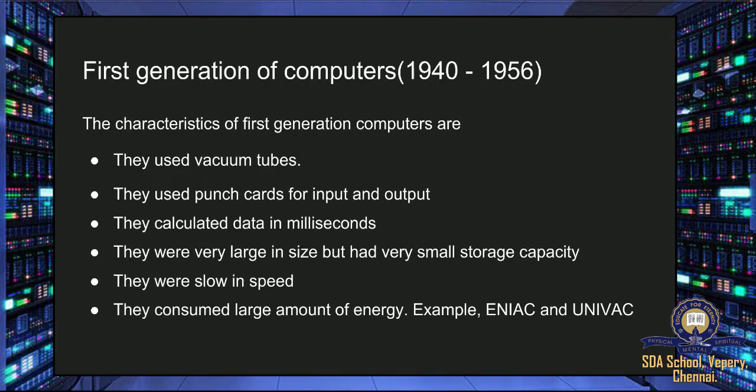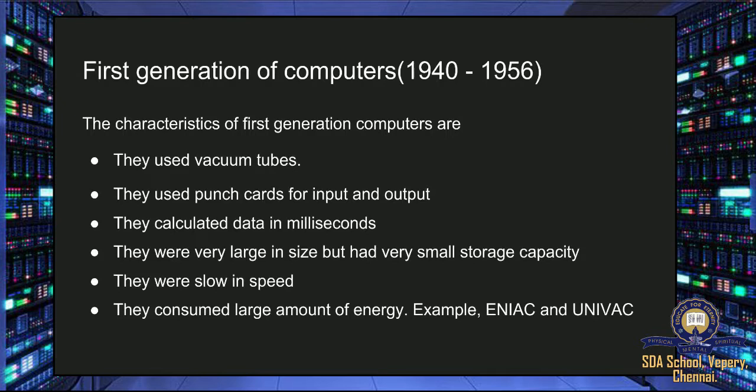But the first generation computers had very, very small storage capacity. They were slow in speed. In spite of their large size, their speed was very slow. The calculation of data was very slow.